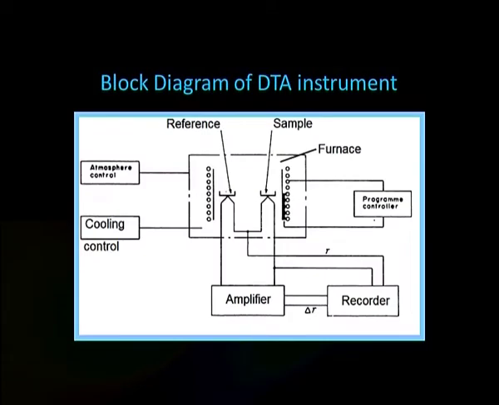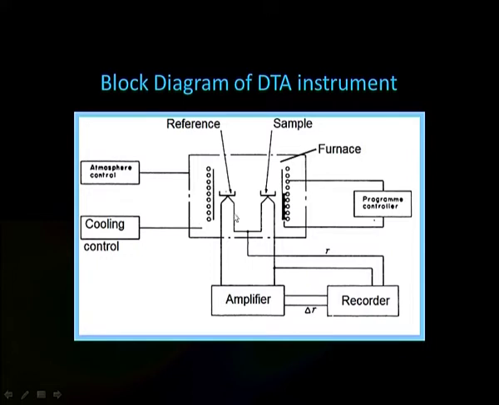Let us consider a block diagram of a DTA instrument. Here, this square or you can say rectangle is the furnace, where we have two places in which we keep reference and sample material, and this is for the programming for heating or cooling.